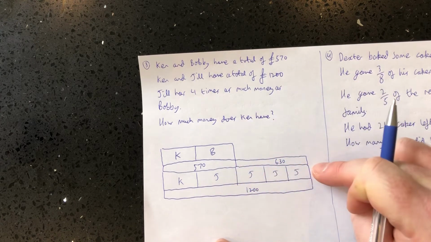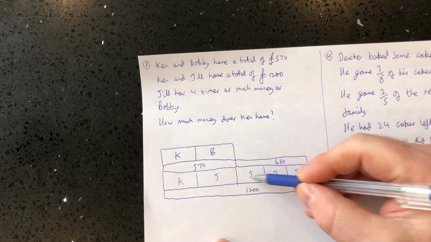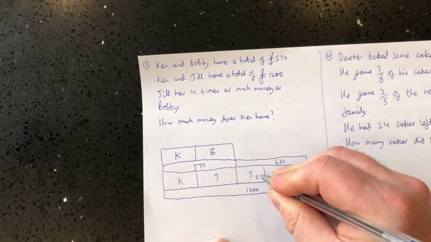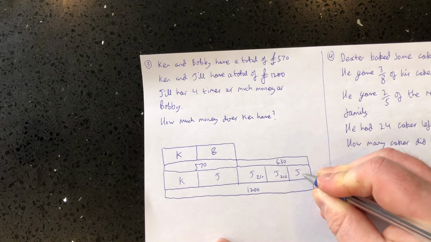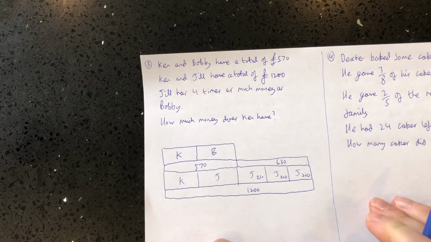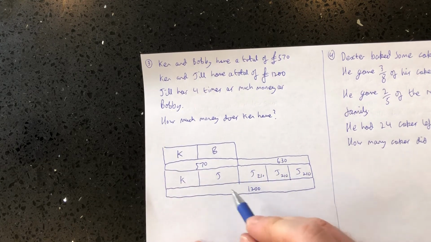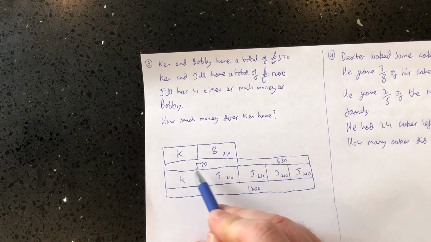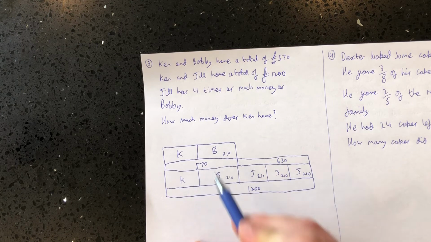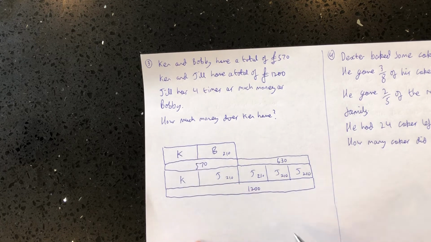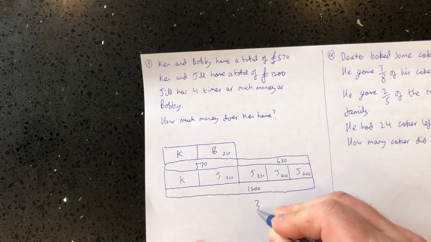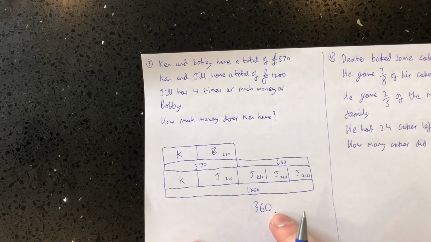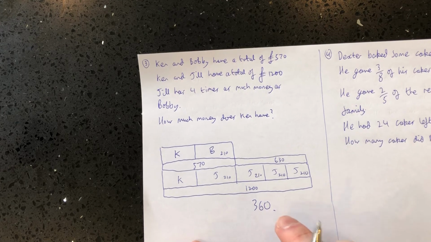You can see that here. And you can now see that 630 is these 3 chunks here. So each one of these is worth 210. So now we can look at the question, how much money does Ken have? Well, if that is 210, we can see that the answer will be 570 minus the 210, which will give us what Ken's got, which will be 360. Again, I think that is easier to understand than a more traditional way.